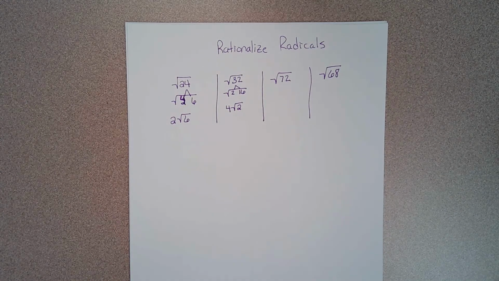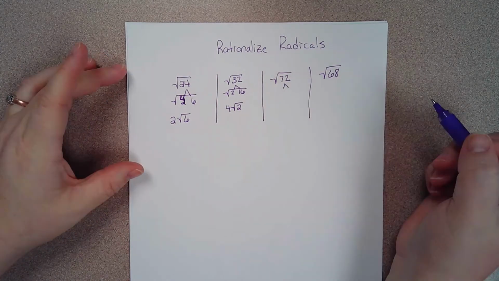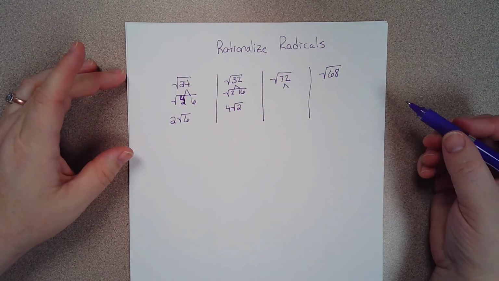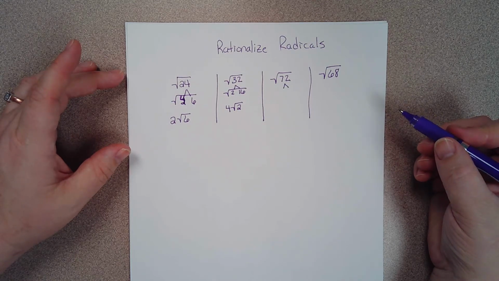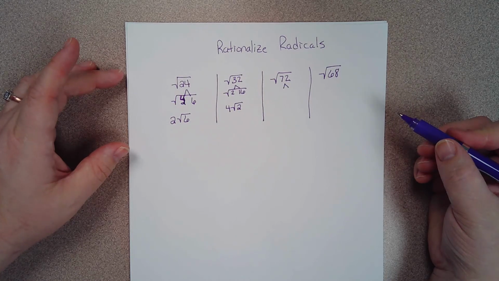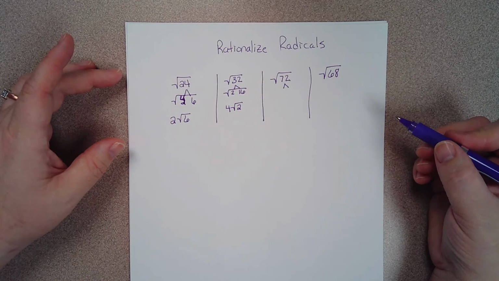Okay, so let's go into this. The square root of 72 is one of those that takes a little bit of breakdown. But if you think about what it's made up of, it makes it a lot easier. Most people think right away of two factors, 8 and 9. Well, you're close because 9 is a perfect square. But within the 8, you also have a 4, a perfect square.